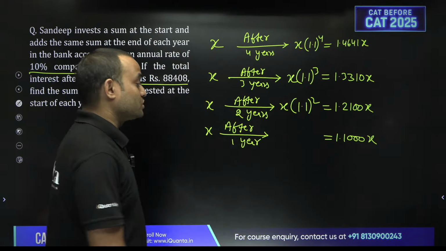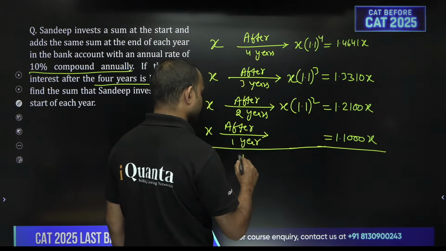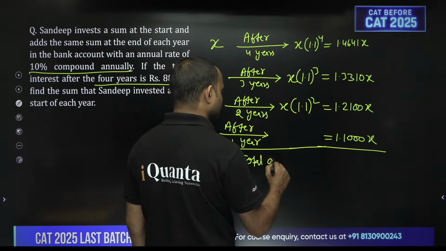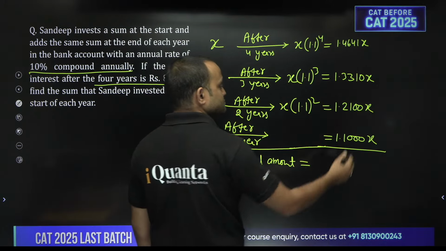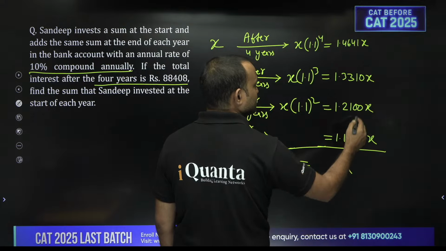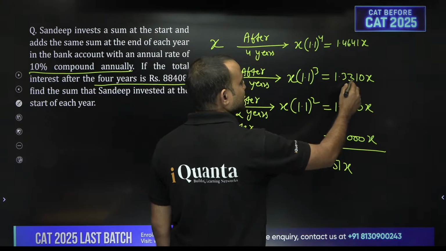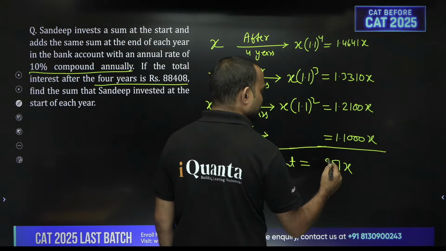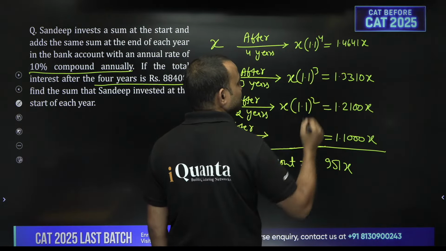What will be the total amount? So total amount will be equal to, if you add this, 1, then 0, 0, 0, 1 plus 4, 5, then 0, 1 plus 3, 4 plus 6, 9, then 1 plus 2, 3 plus 3, 6 plus 4.